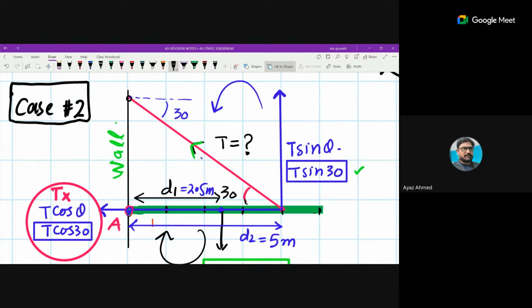This trap door is placed horizontally and pivoted from this edge, point A, and it is supported by a rope exerting a force at an angle of 30 degrees from its axis. Definitely this is a rope, so the rope will have a tension force here, isn't it? Do you get it?